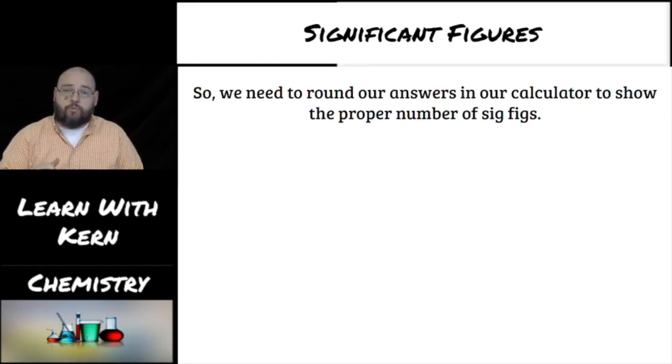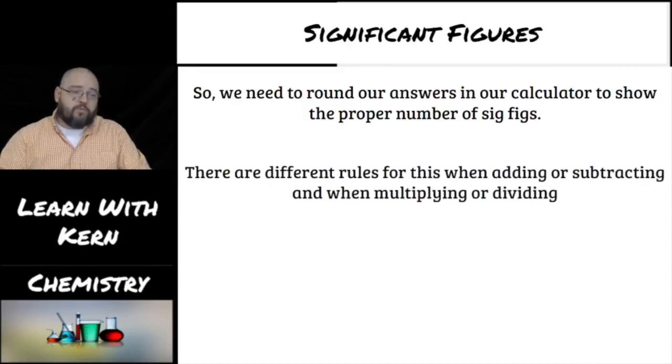It just plugs in numbers and does what the math says to do. But we are not dealing with just non-important, uninformed numbers. We're dealing with measurements. Our numbers have meaning, and so we have to give them that meaning through rounding our answers when we are dealing with significant figures.